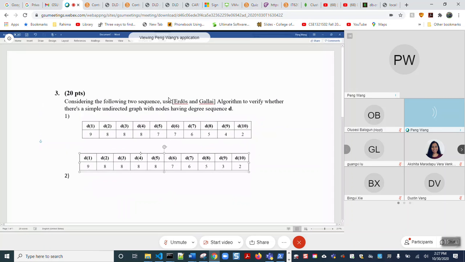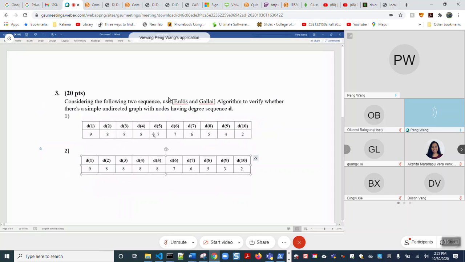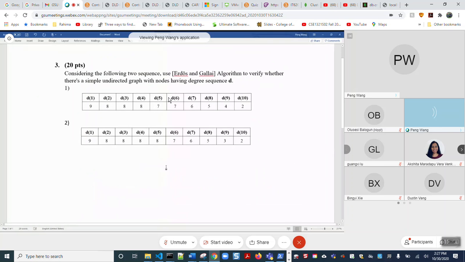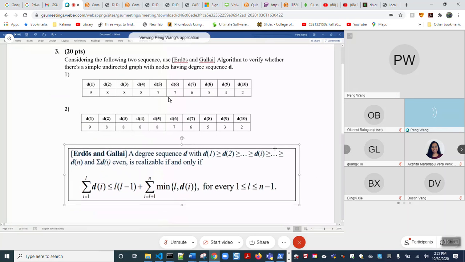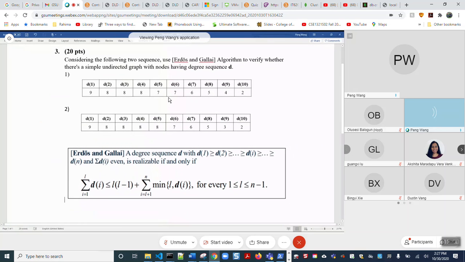From your side, you may get a different list from what I'm showing here. And for this question, what we need to do is to apply the formula. We apply this formula, which is also given in the slides.